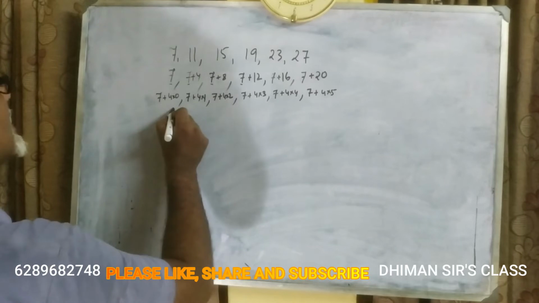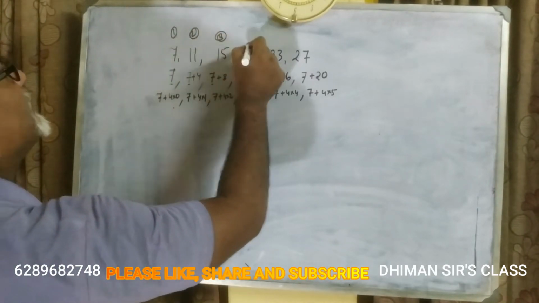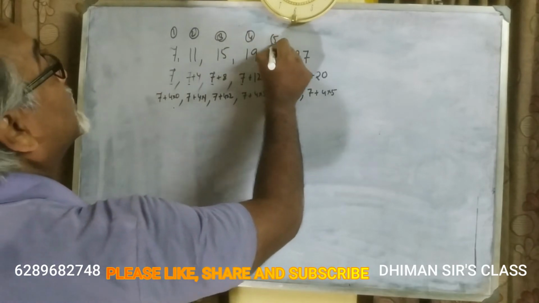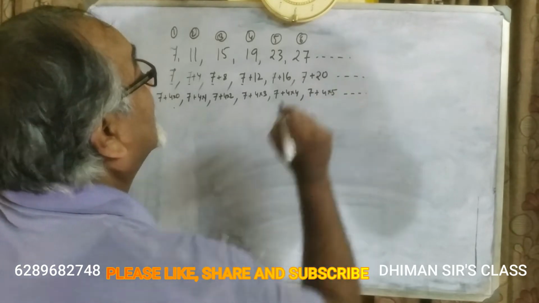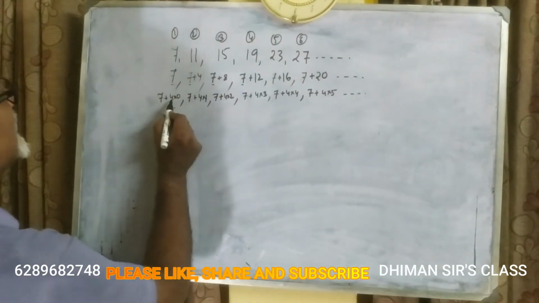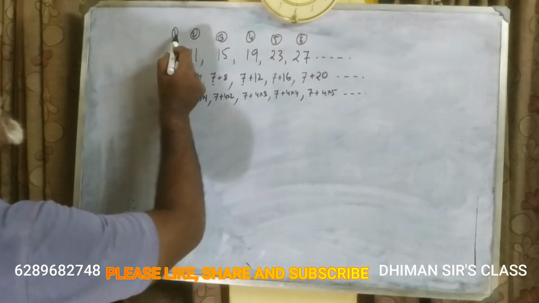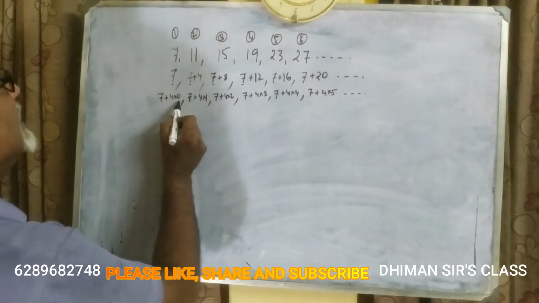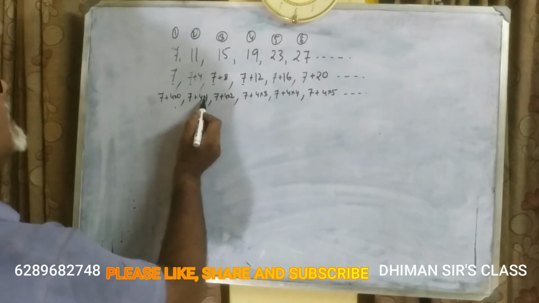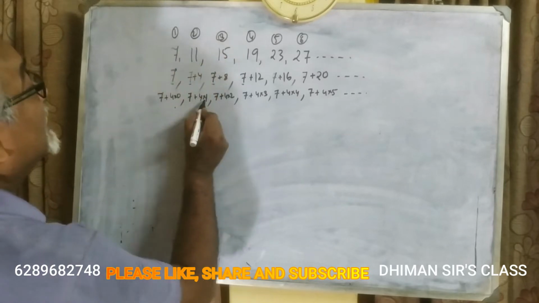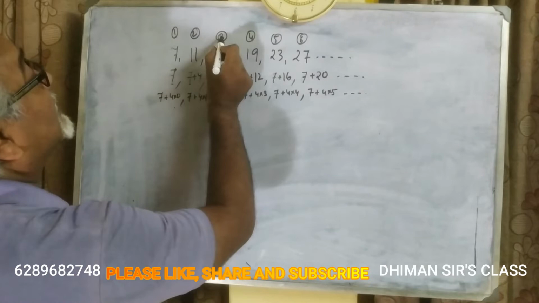So this is the first term, this is the second term, this is the third term, this is the fourth term, this is the fifth term, this is the sixth term, and like this it will continue. When it is the first term, 4 is multiplied by 1 less, that is 0. Second term, 4 is multiplied by 1 less: 2 minus 1, 1. Then 4 into 2 because it is the third term.